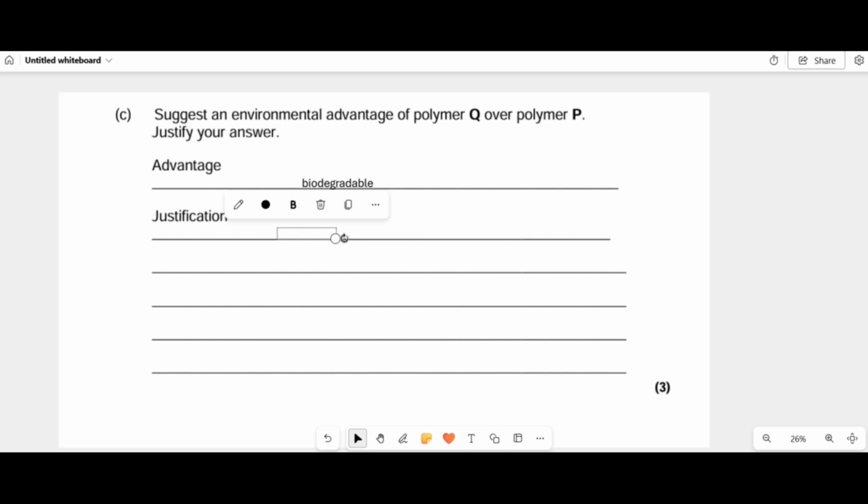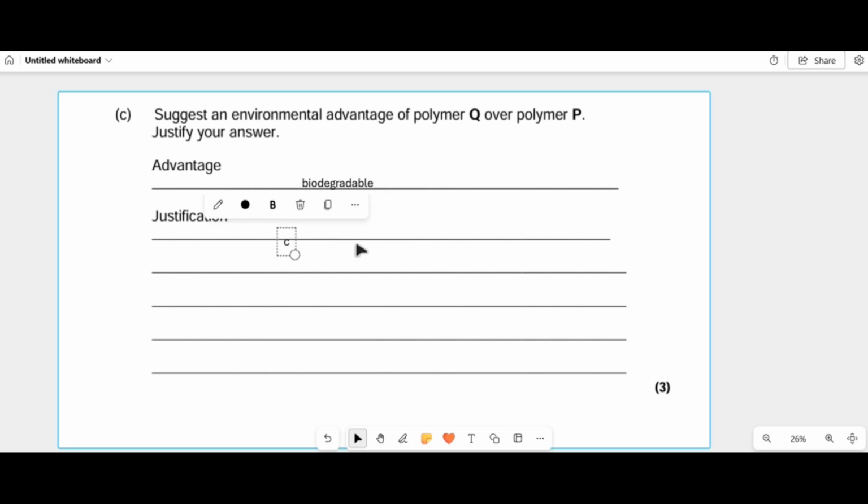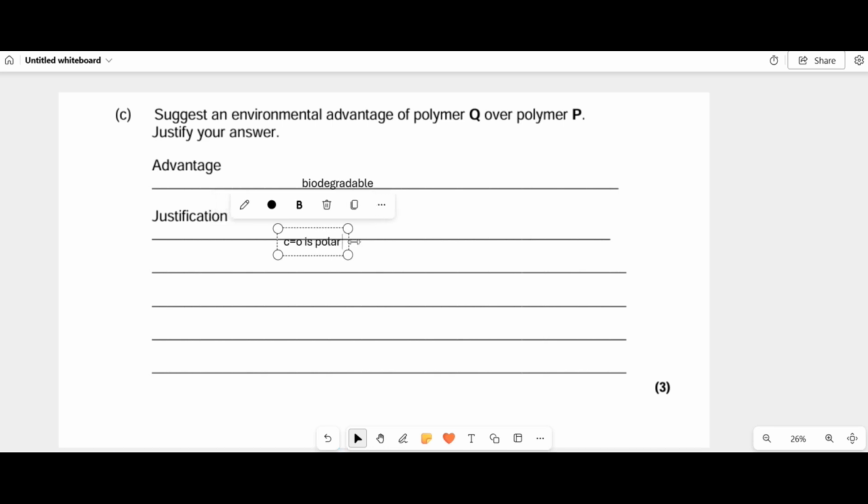And then here, CO is polar in Q, but there's no polar bonds in P, hence can be attacked by a nucleophile. And that's the end of that.